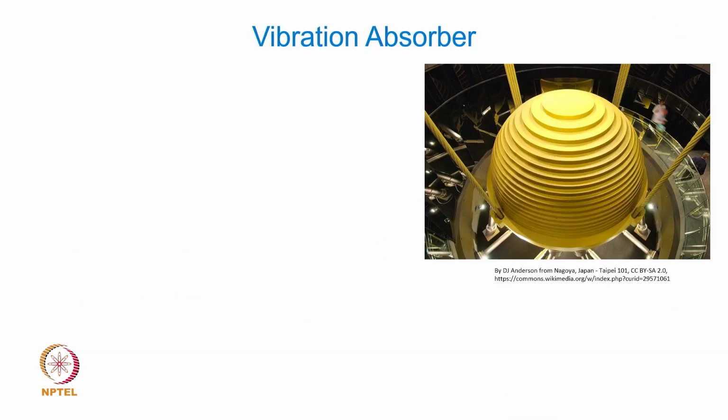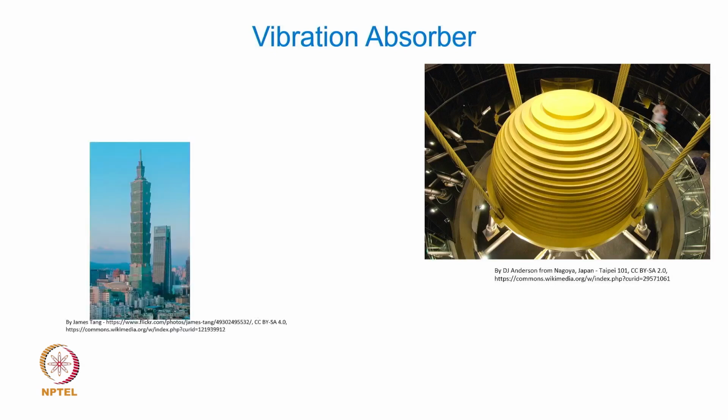If you thought that these are all only in theory, this is one example of such a vibration absorber actually implemented in one of the skyscrapers. You all might be knowing the Taipei 101 building in Taiwan, and earthquakes there are commonplace, and the designers wanted to limit the vibrations subjected to such excitations at the base.